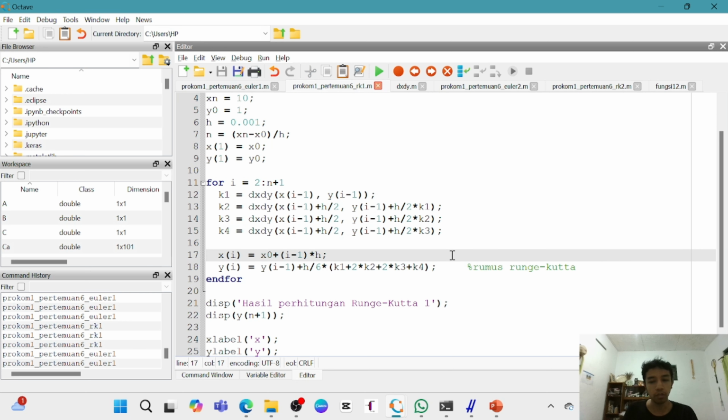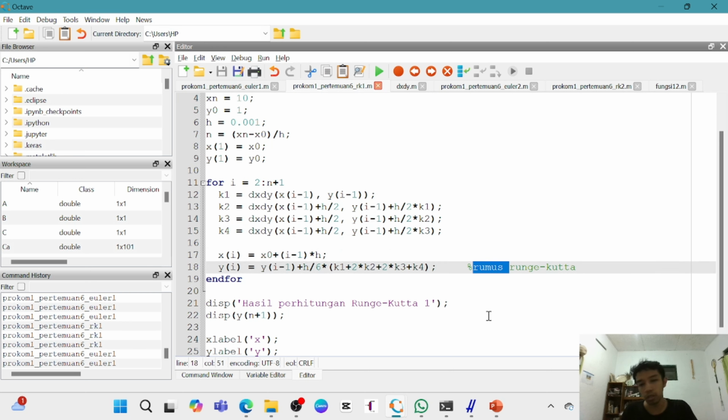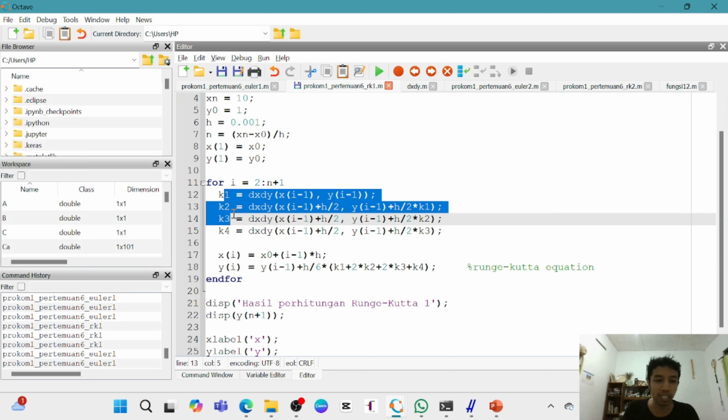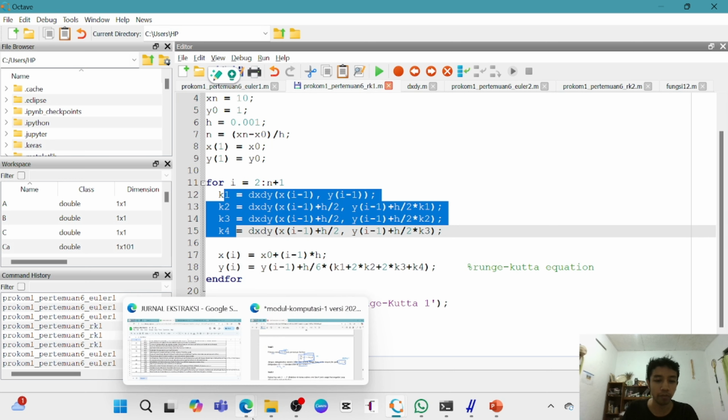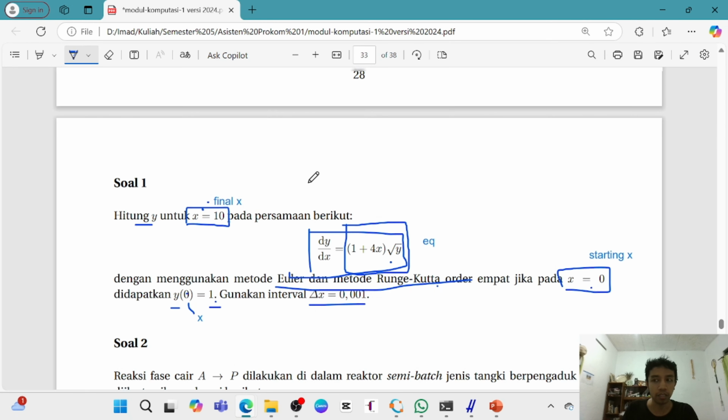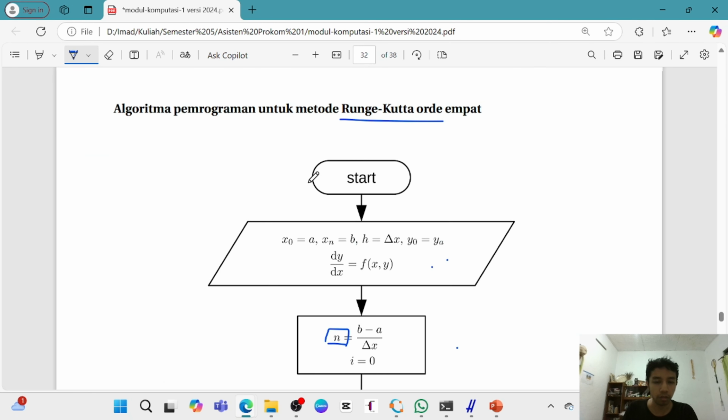We use the Runge-Kutta formula equation. This is the k1 until k4, like in the module. Okay.